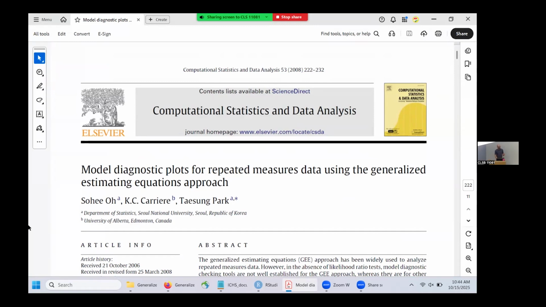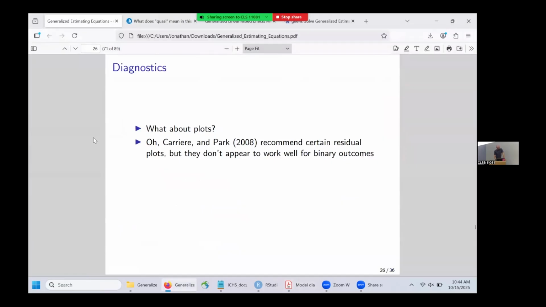My memory is that they don't actually provide a justification for why it should be the same, but they do provide some simulation studies, and only for balanced data, so the same number of observations per cluster. That's not the case for the data that we have here, and it's maybe not the case for most data sets. So we have some limited advice, but it is generally difficult to find advice about diagnostic plots.